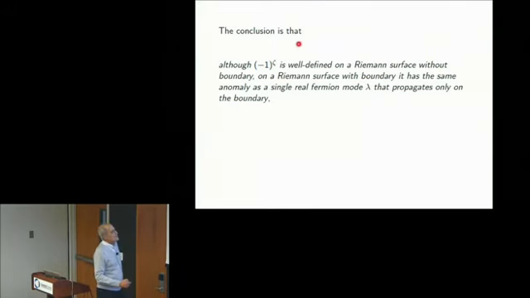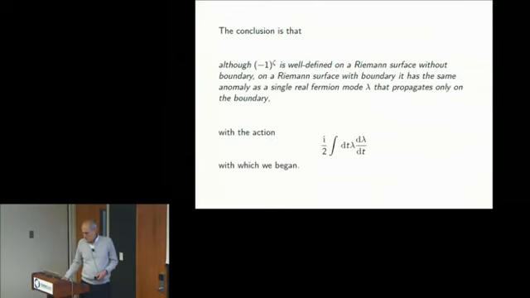So -1 to the zeta is well-defined on a Riemann surface without boundary, but on a Riemann surface with boundary, it has the same anomaly as a single real fermion mode lambda that propagates only on the boundary. So that sentence is actually true. I just misread it. It has the same anomaly as the anomalous boundary theory that we started with.